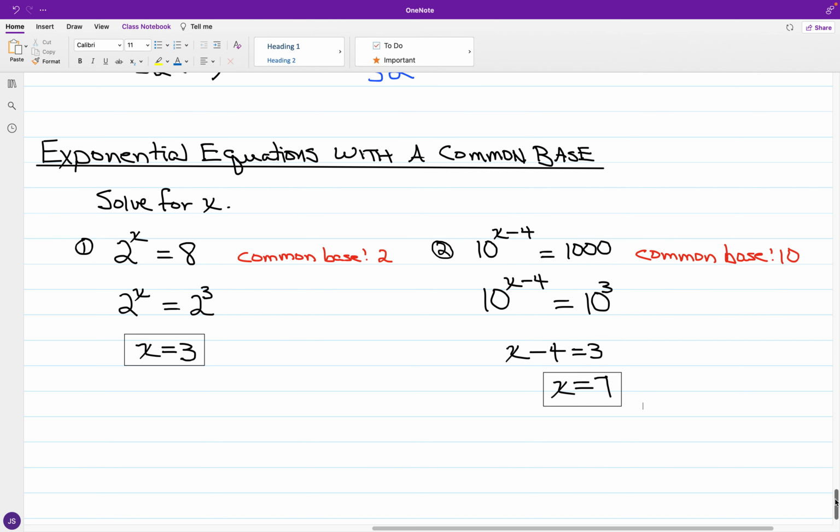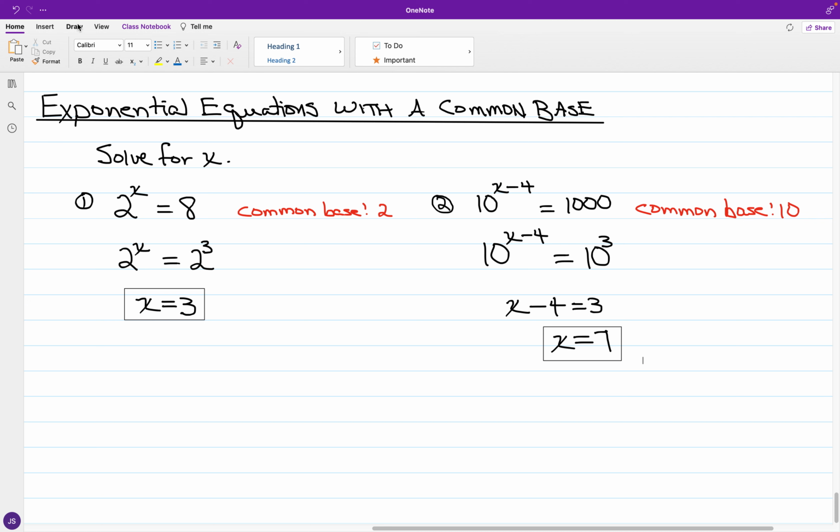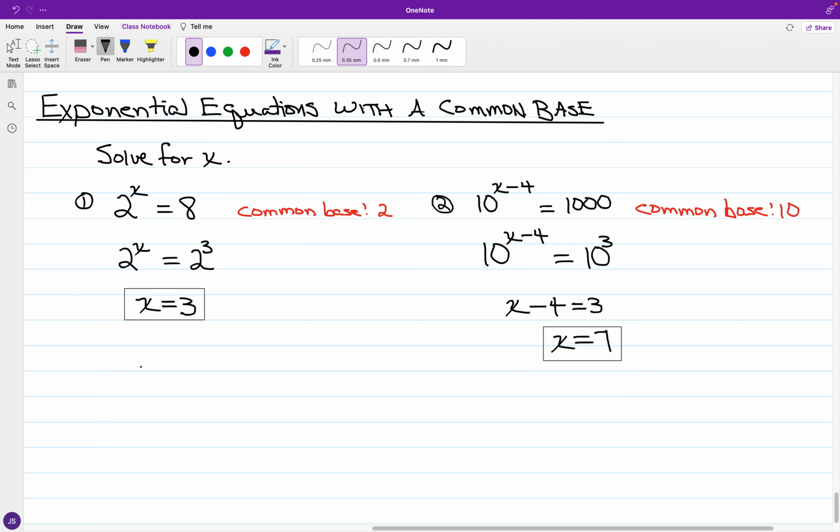For these first two cases, the lower exponential base turned out to be the common base. But now let's say we have 9 to the x plus 4 is equal to 27.